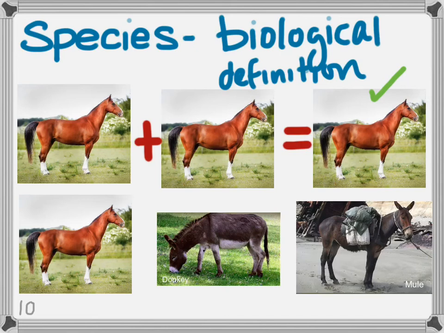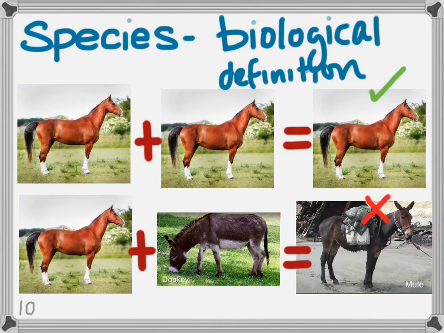But horses and donkeys are different species, and though they can produce an offspring, that offspring, a mule, is not fertile. It can't reproduce with another mule and produce a mule. This is the biological definition of species.